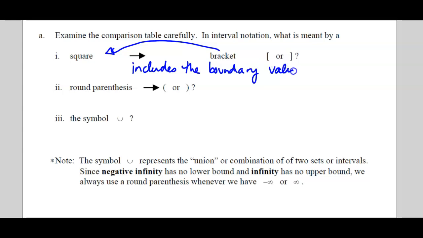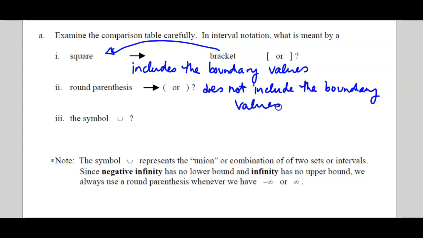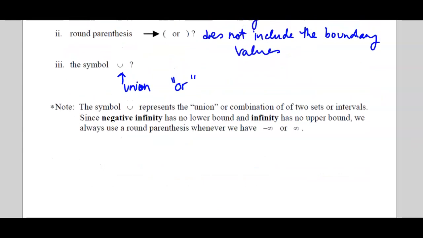I call them boundary values. Okay. Round does not include. Okay, so union is or, one or the other, or both.